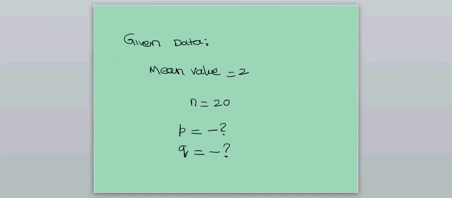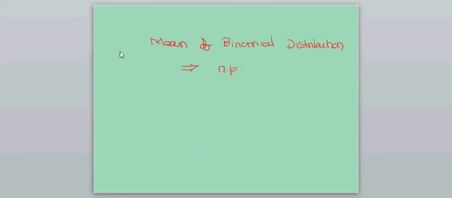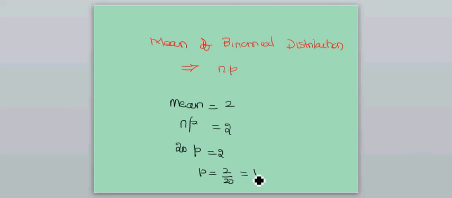So np is equal to 2, n value is 20, 20p is equal to 2, which implies p is equal to 2 by 20, 1 by 10, 0.1.